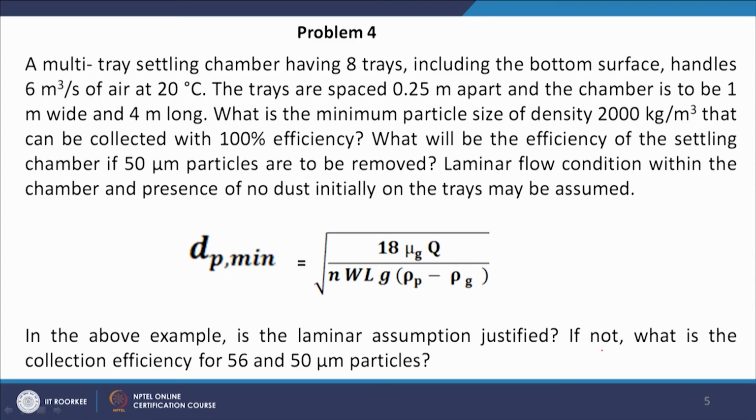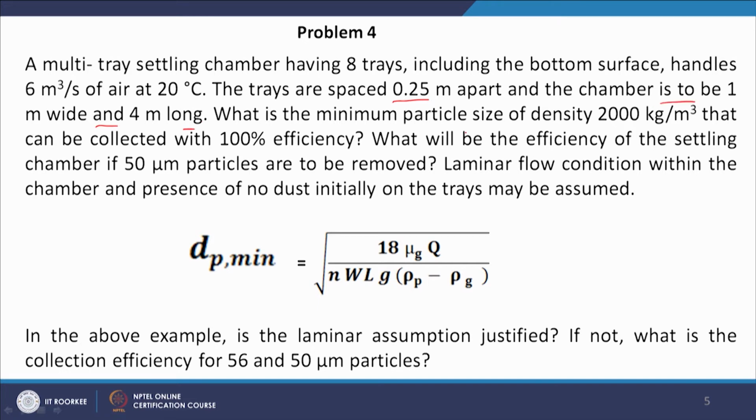Then problem number 4. The statement is: a multi-tray settling chamber having 8 trays including the bottom surface handles 6 meter cube per second of air at 20 degree centigrade. The trays are spaced 0.25 meter apart and the chamber is to be 1 meter wide and 4 meter long.